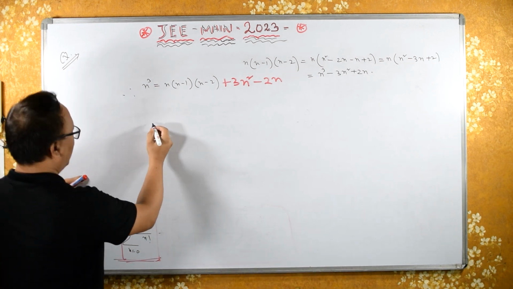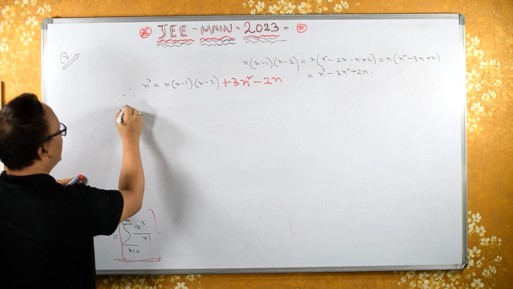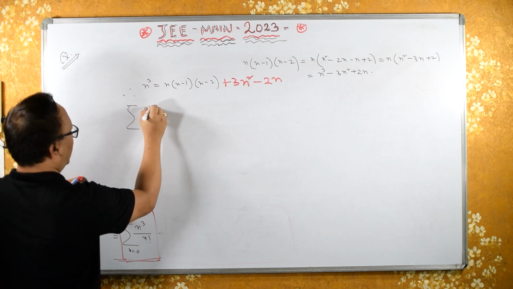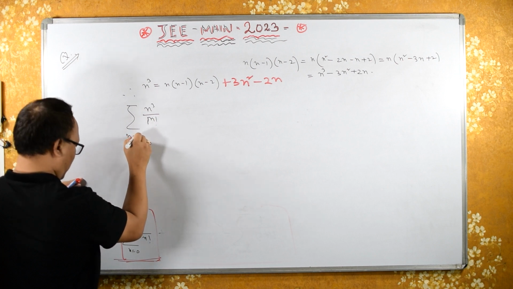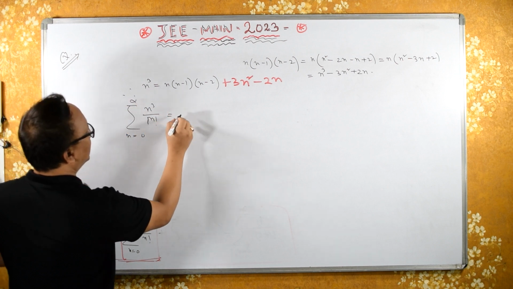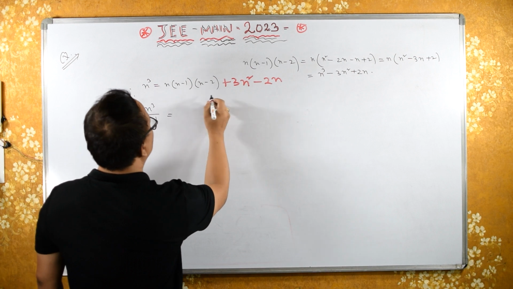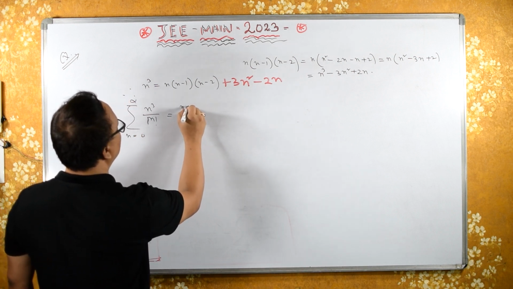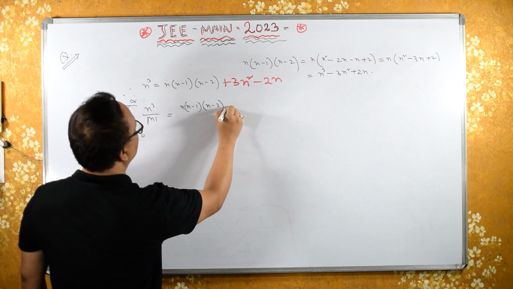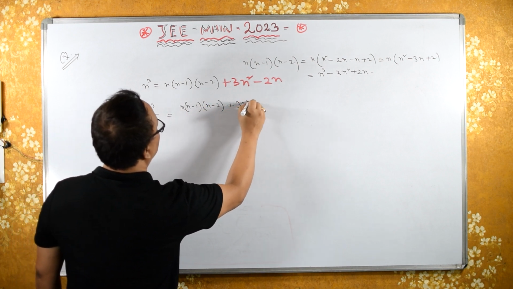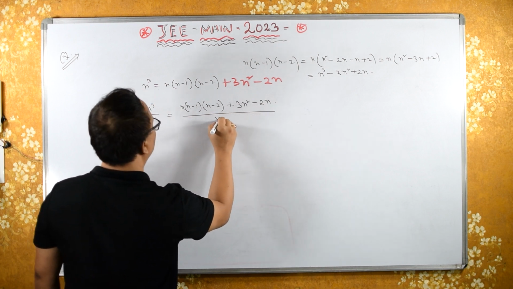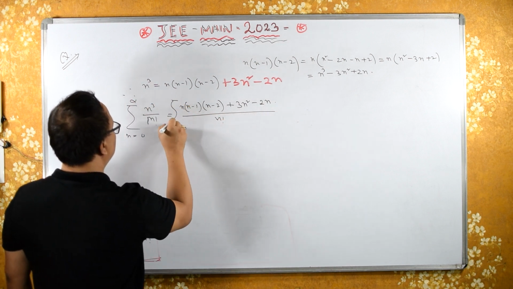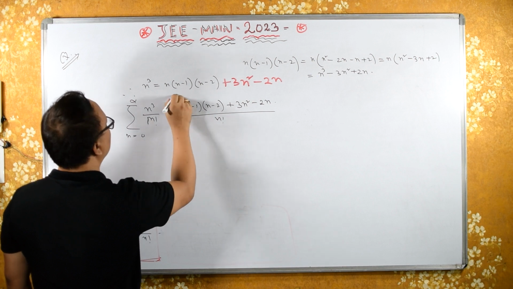Therefore, summation of n cube by n factorial, when n goes from 0 to infinity, can be written as n into n minus 1 into n minus 2 plus 3n square minus 2n upon n factorial, summation n goes from 0 to infinity.